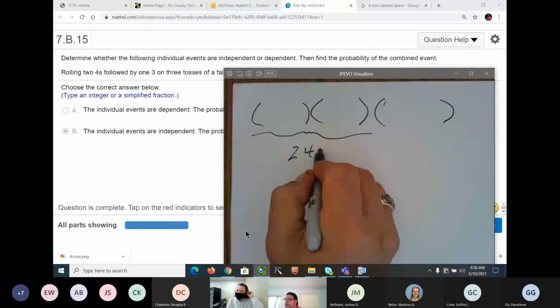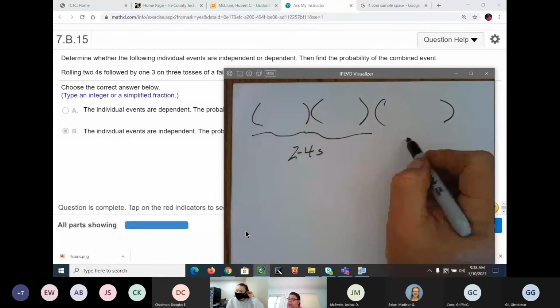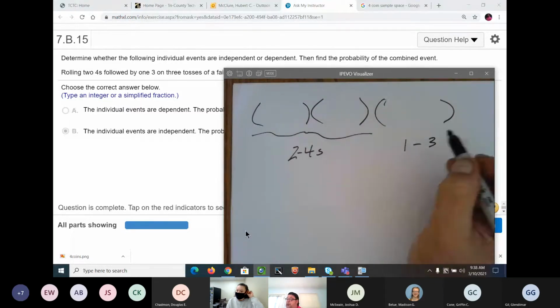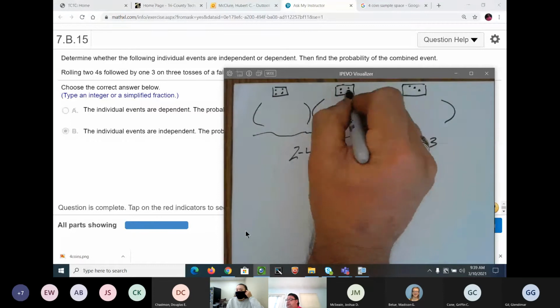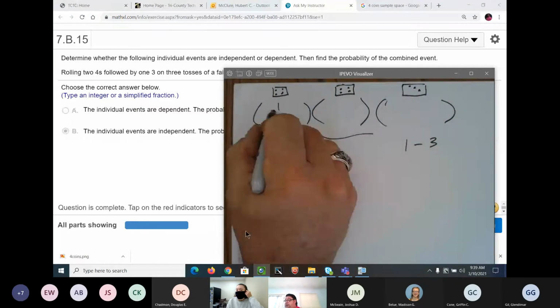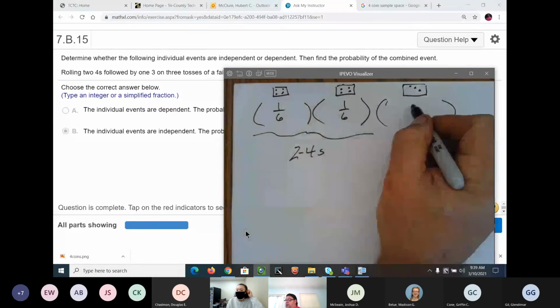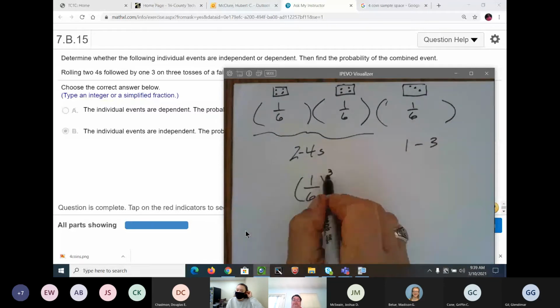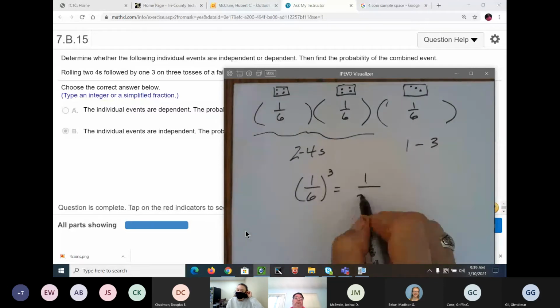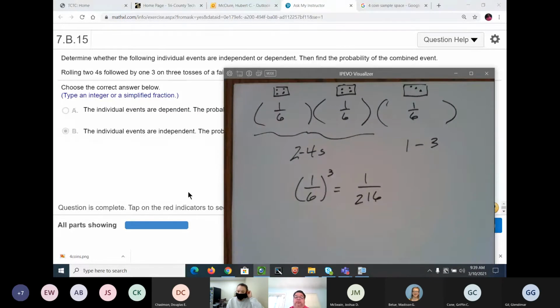There's your die. And 2 4s. Okay, this is 1/6, this is 1/6, and this is 1/6. So 1/6 to the third power is equal to 1/216. And that's the answer, I think. Yep.